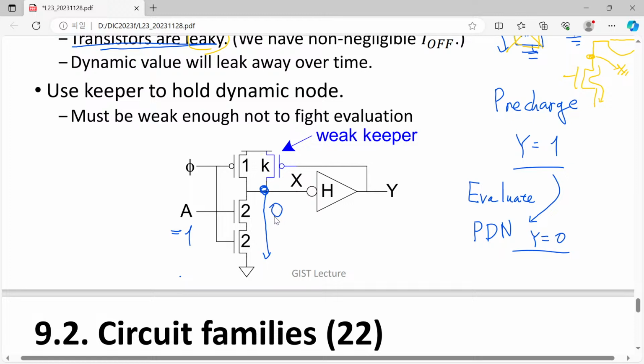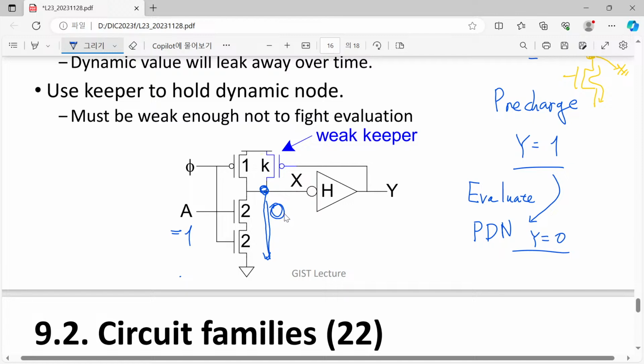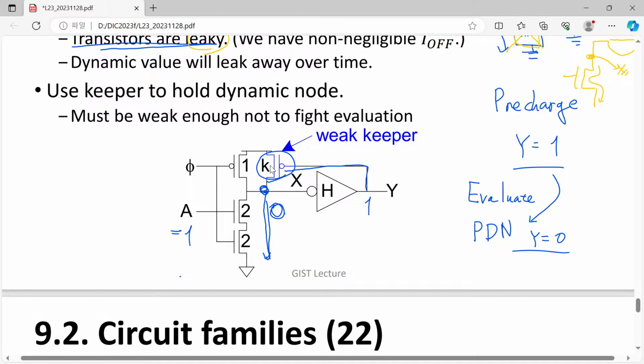Then what happens? If this goes to 0, then this 0 is inverted to 1 and this 1 is fed back to our PMOSFET. What happens? In this case, nothing happens.